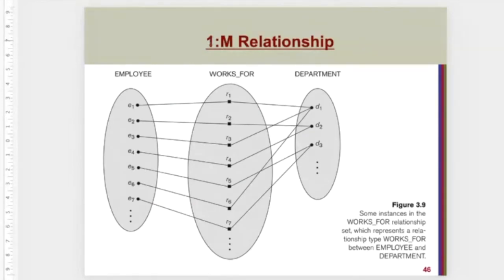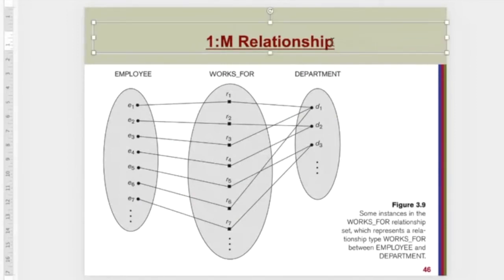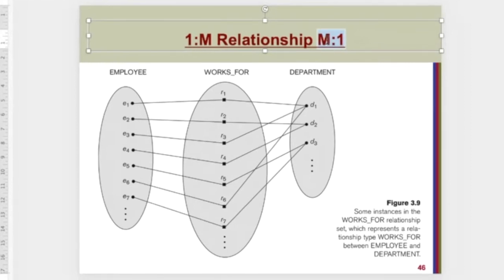Question. If I say 1 to M and sometimes I say M to 1, is this the same thing or different things? 1 to M and M to 1 is the same thing. Excellent, guys, excellent. For us, it is the same thing.